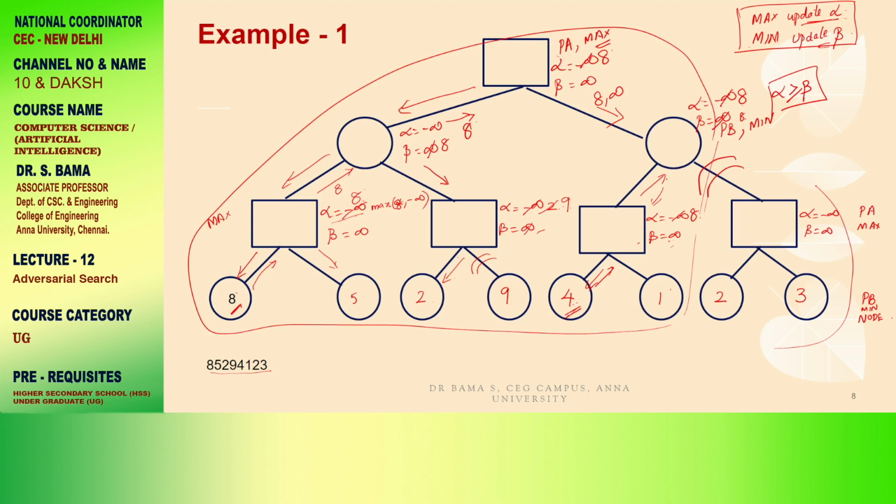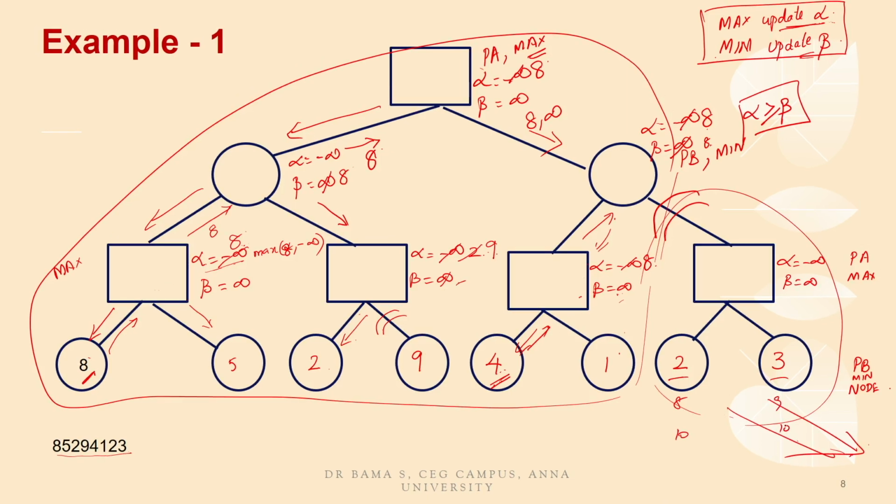This part need not be counted. You can put whatever numbers here, even 8, 9, 10, 100, it will not have any effect. The maximum effect will be only from this path.